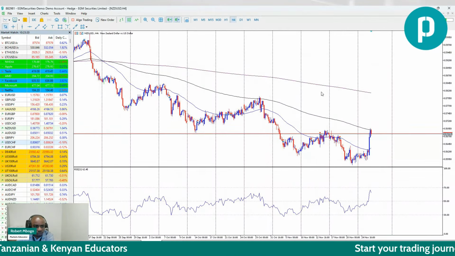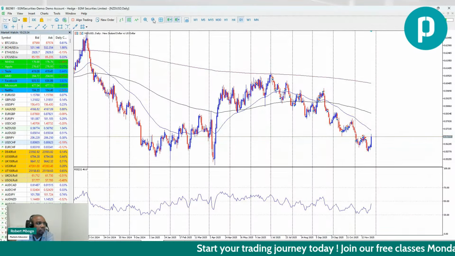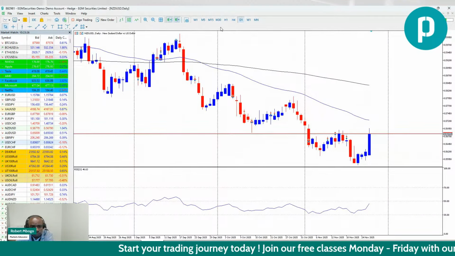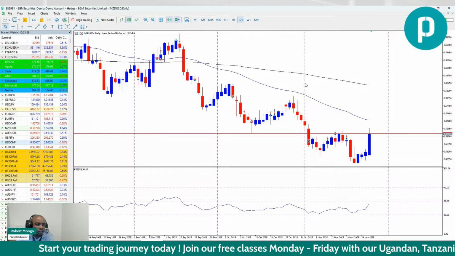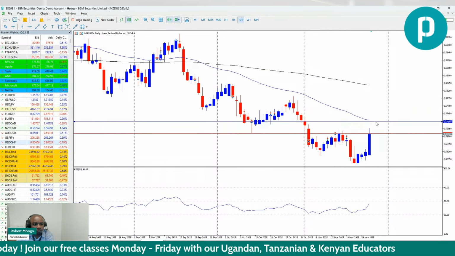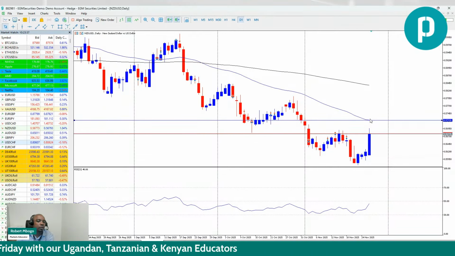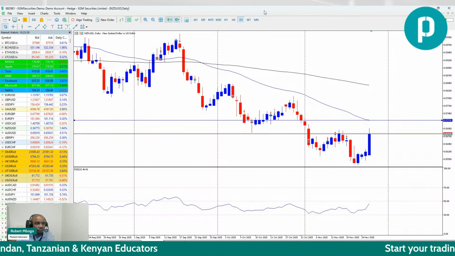So let's look at possible moves on NZD/USD. Could we see a possibility of us hitting this area? Right, there's something I can see from that move.